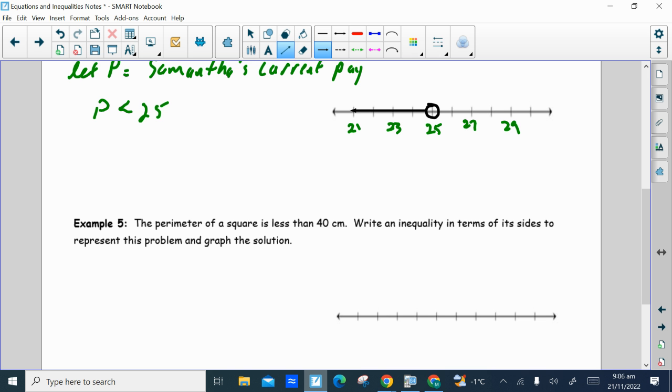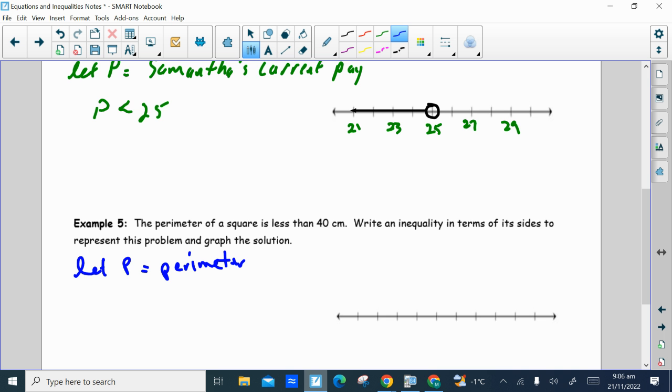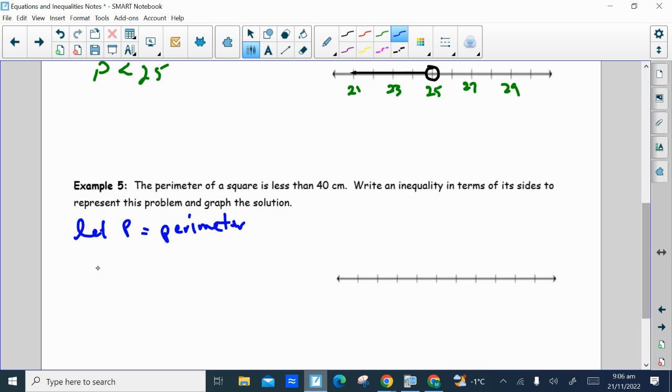Let's let P equal the perimeter here, and it must be less than 40 centimeters. Now, it says it's a square, which means all the sides are the same.